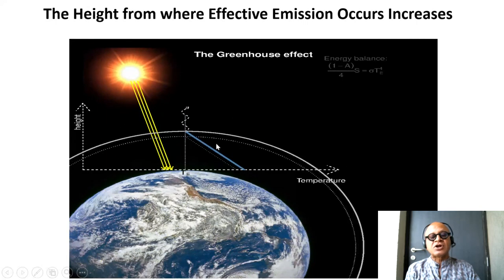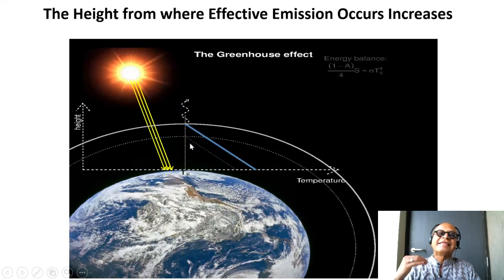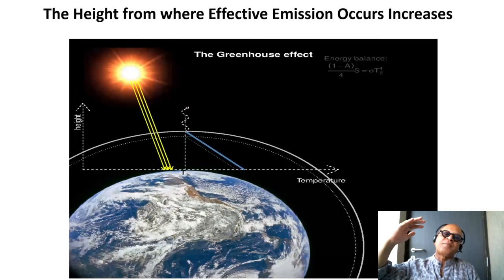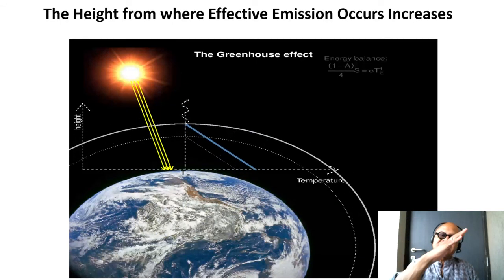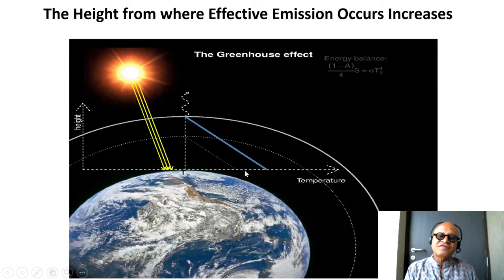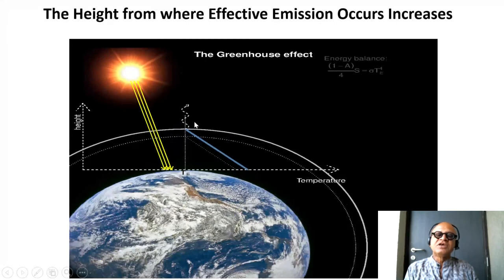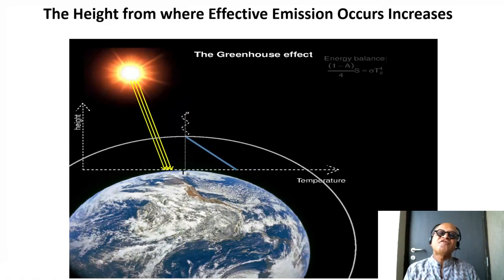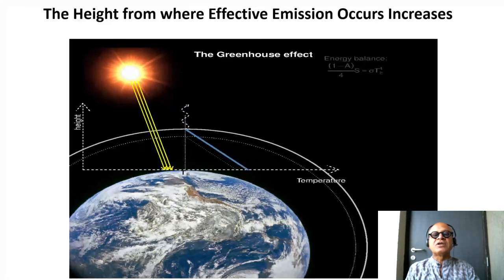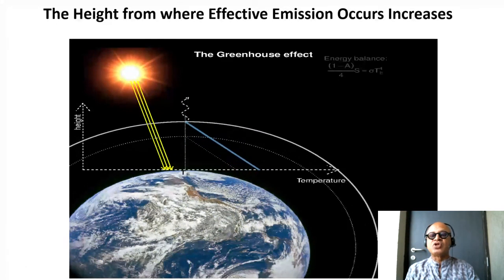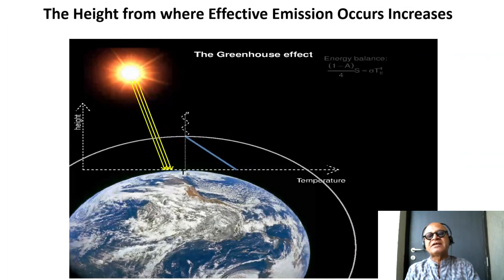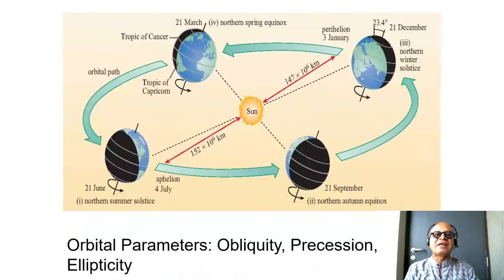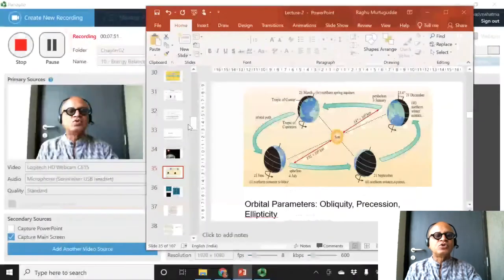This cartoon is trying to say that the height of the atmosphere itself is going to change because of the warming. The lapse rate, or the gradient of the temperature from the surface to the top of the atmosphere, is going to change, and the height from which the outgoing long wave happens is going to change. So this is a complicated calculation, and people spend lots of time doing that.